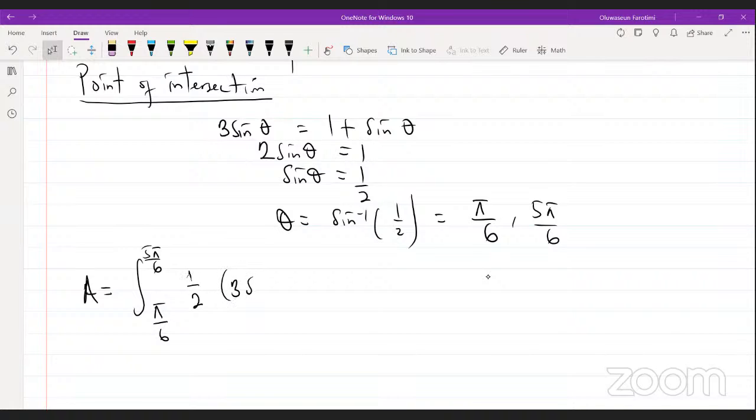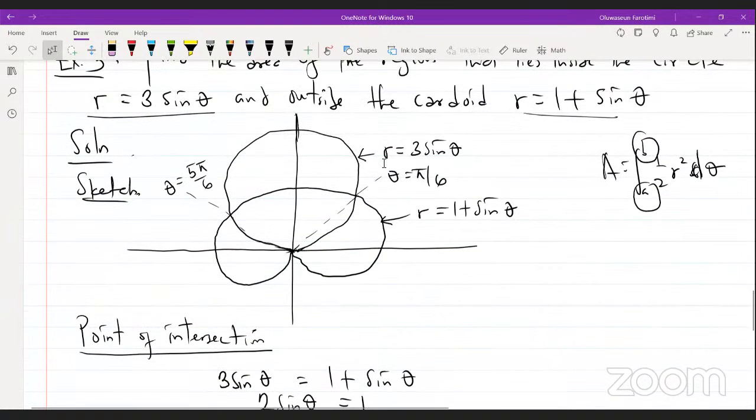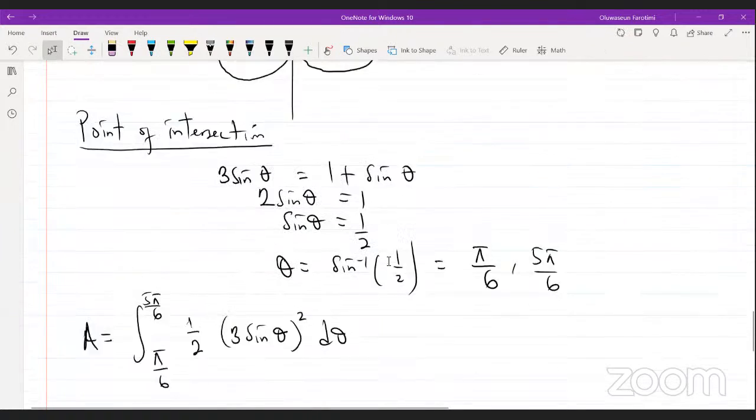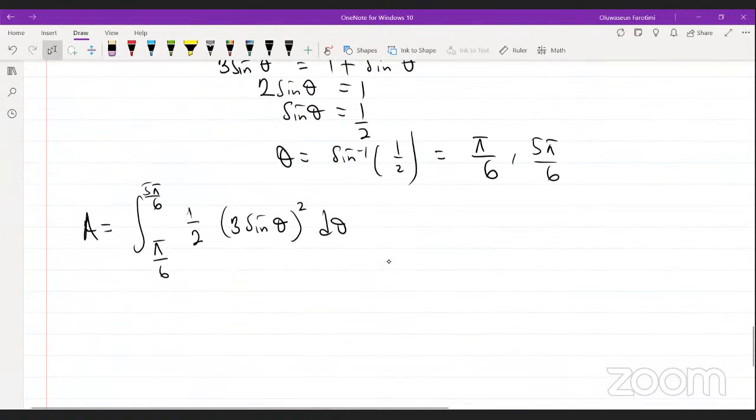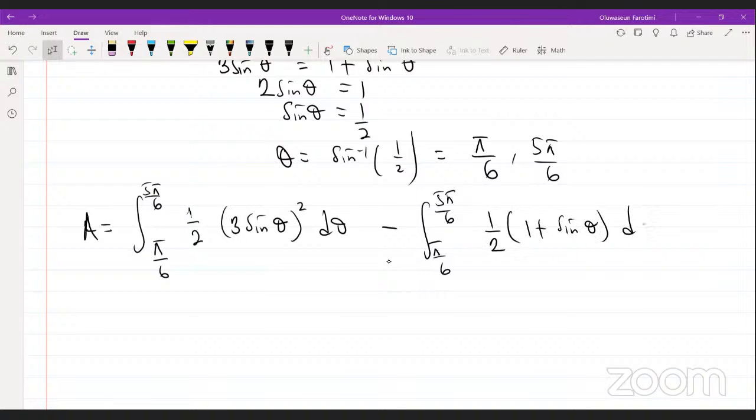So this is 3 sine theta, all squared, d theta, because that's what you have on the top, r equals 3 sine theta, and on the bottom you have 1 plus sine theta lying beneath it. From pi over 6 to 5 pi over 6, it's still the same 1/2, 1 plus sine of theta, d theta.